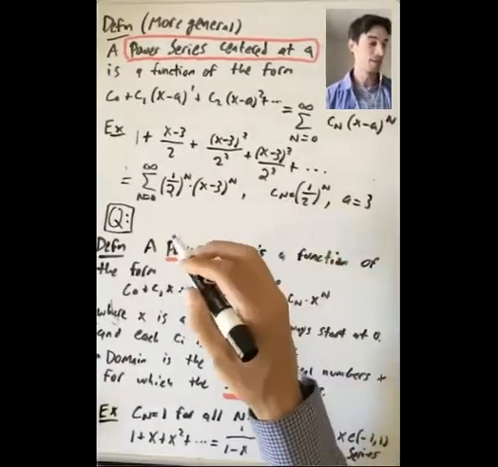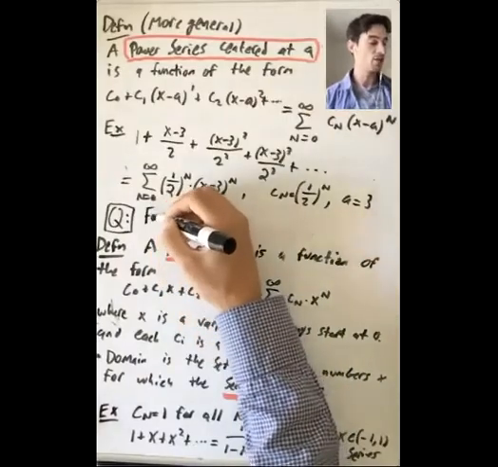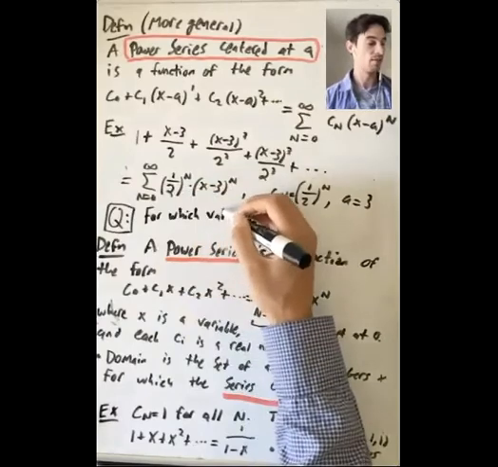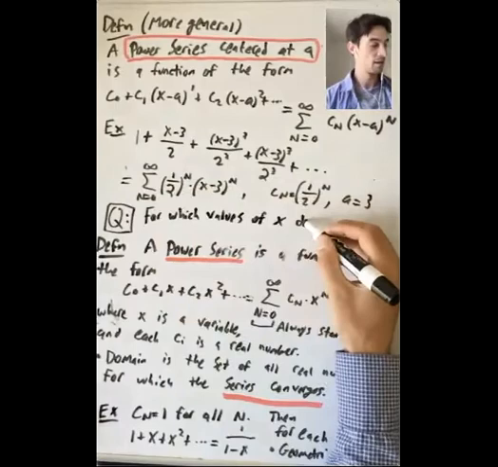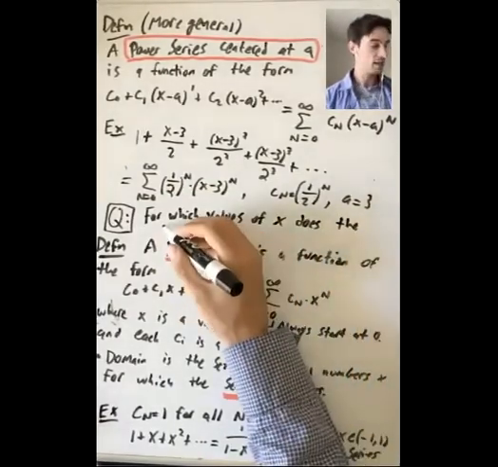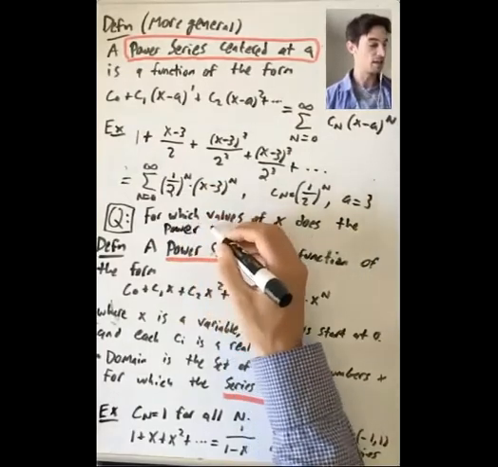Cn is some description of what these real numbers are. And the question is, for which values of x does the power series converge? So we're going to start with a series, and we want to know what is the domain of this power series.